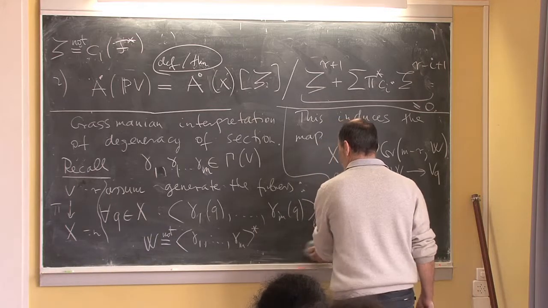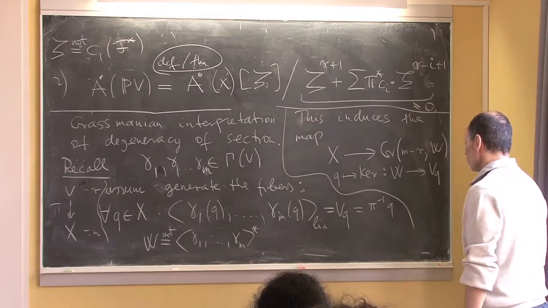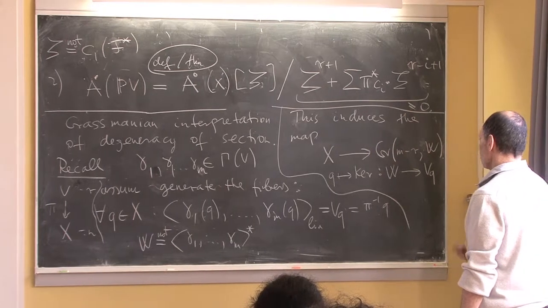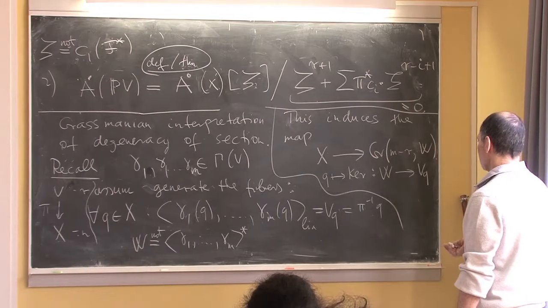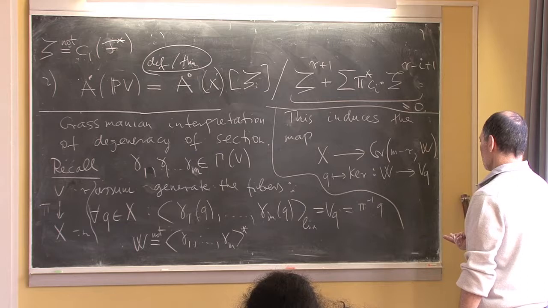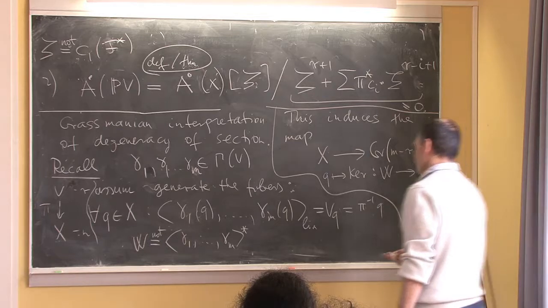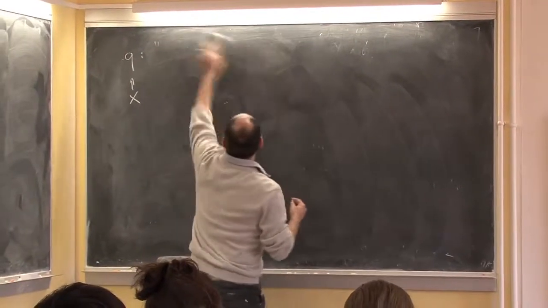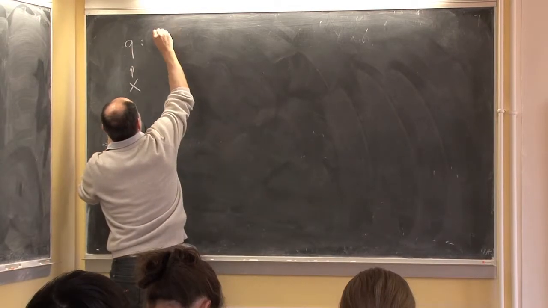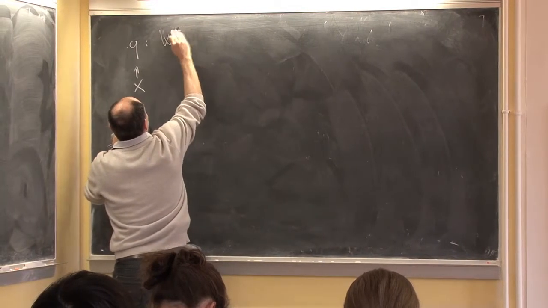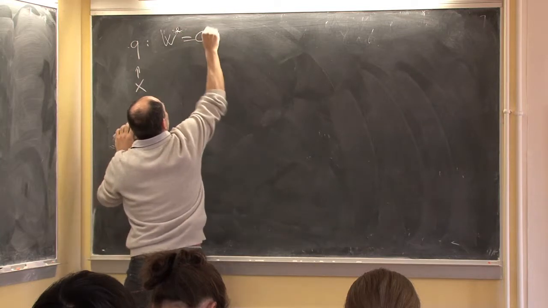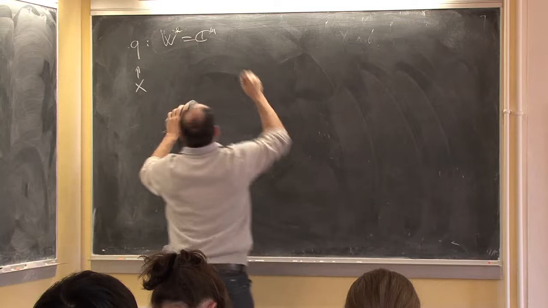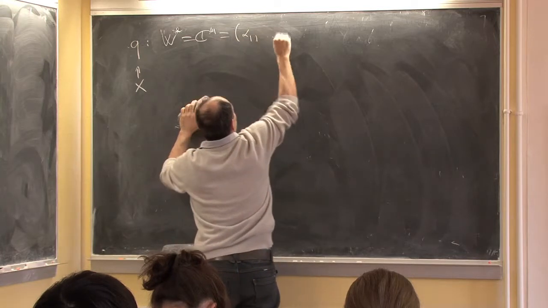It's clear, so I just want W dual, because I want to define a linear map. I'm out of time. So W dual is basically just Cn, if you like. And so that just means some coefficients alpha 1 up to alpha m.